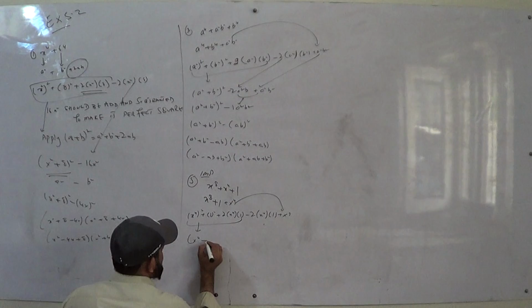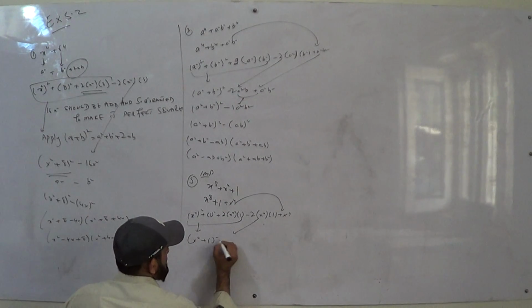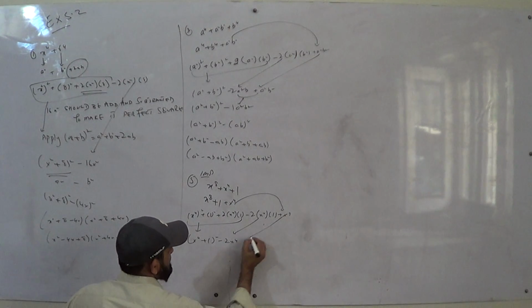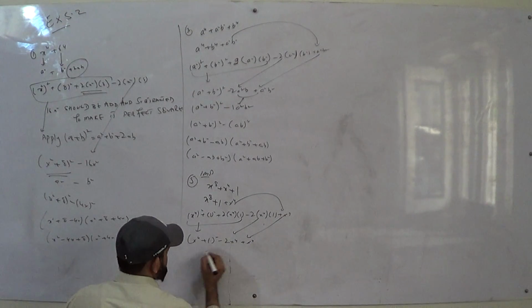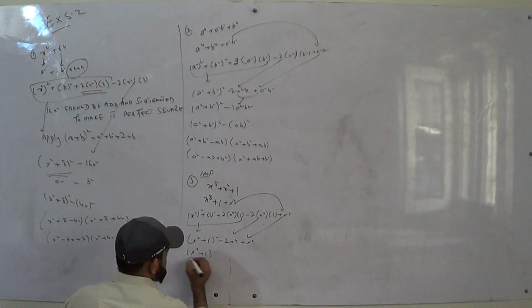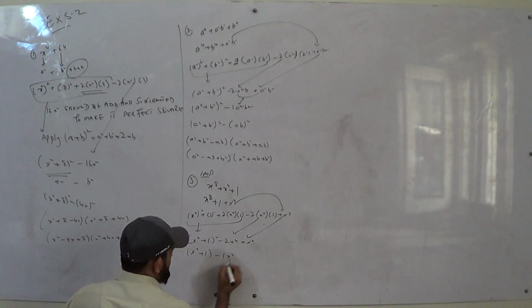Formula (a + b) whole square minus 2ab. It will be plus x^4. (x^4 + 1) whole square minus x^4.